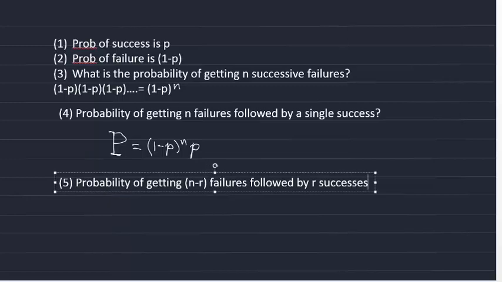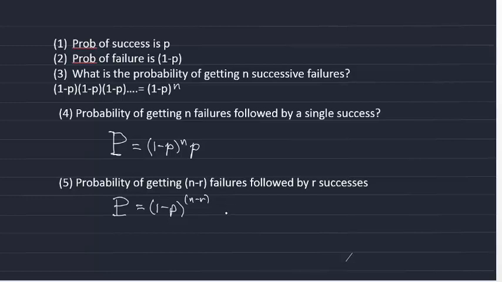In the above example, r was 1, and so the more general case is if we have r successes, and we can write the probability of that final outcome as 1 minus p to the n minus r times p to the r.